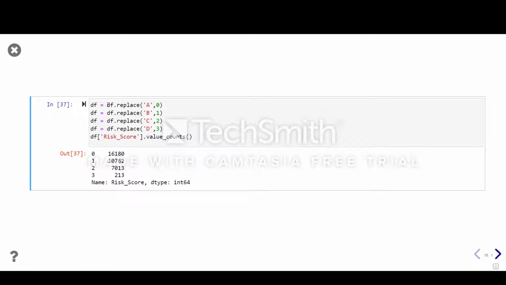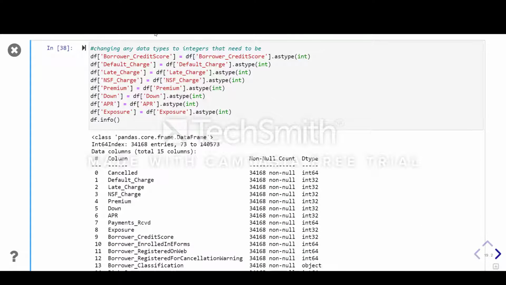And then risk score, I just changed these letter variables to numeric values, like so. And I changed the rest of the values to integers except for borrower classification, which I dealt with later.